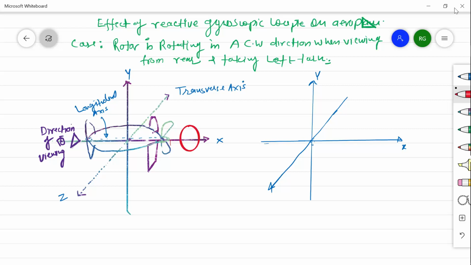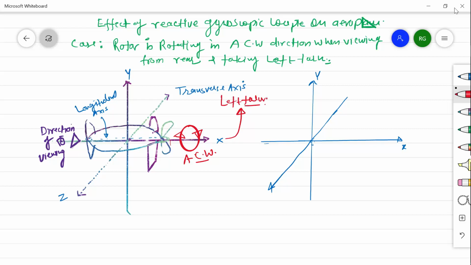So anti-clockwise direction means when you are viewing from this side, the direction would be this. So anti-clockwise direction, and the plane is taking a left turn.